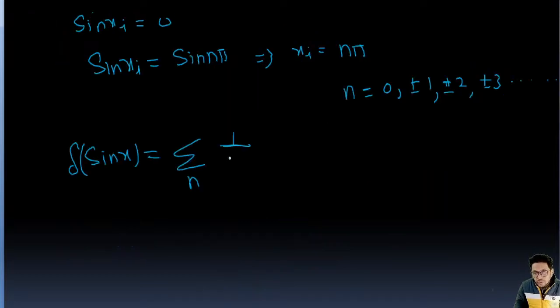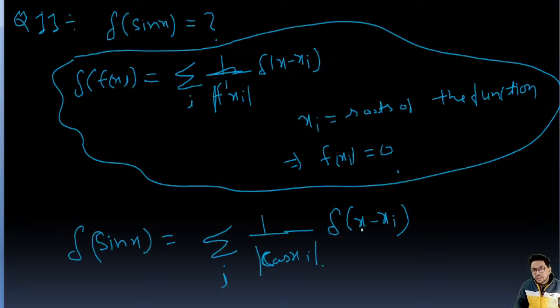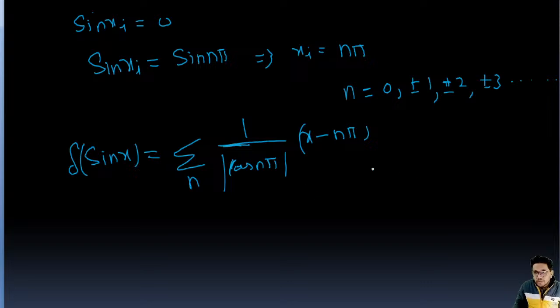So it is 1 upon mod cos n pi, delta x minus n pi. Okay, in this expression, in place of xi we have written n pi, which are the roots. Now we'll solve it.